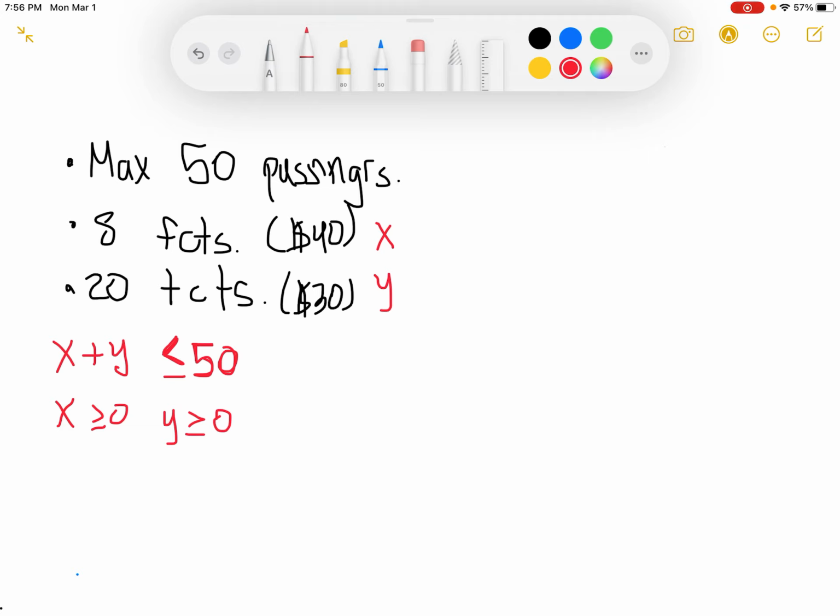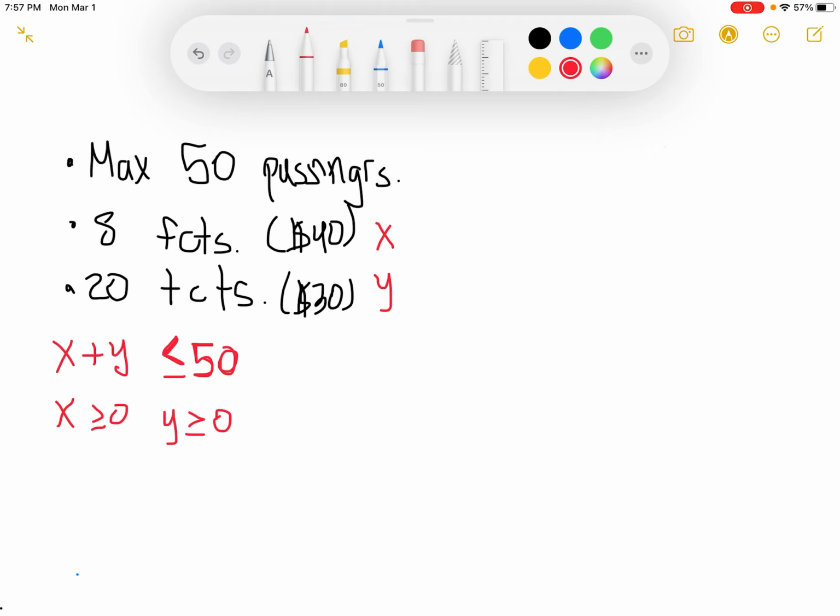Well, in this situation, if all the number of passengers has to be less than or equal to 50, well, we know that there couldn't be a negative number of passengers in real life. There couldn't be -3 passengers or something like that. So we have to set more constraints, which says no, can't make it go below 0, because that's not even a thing that there is. So that's why we have to do those.